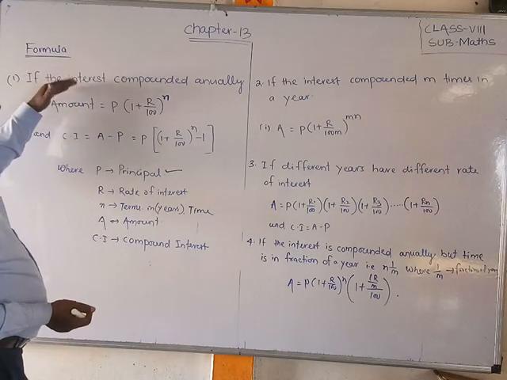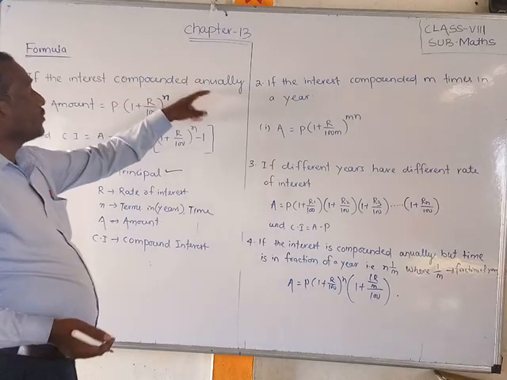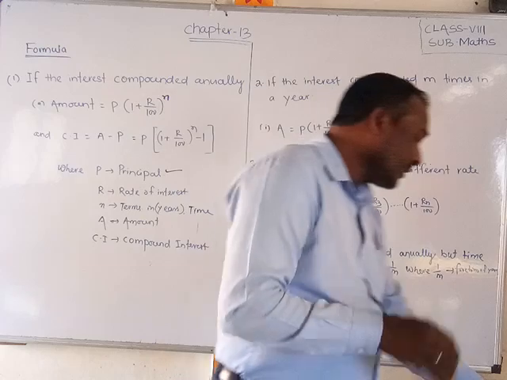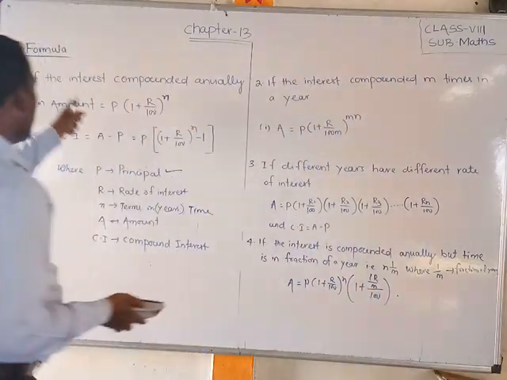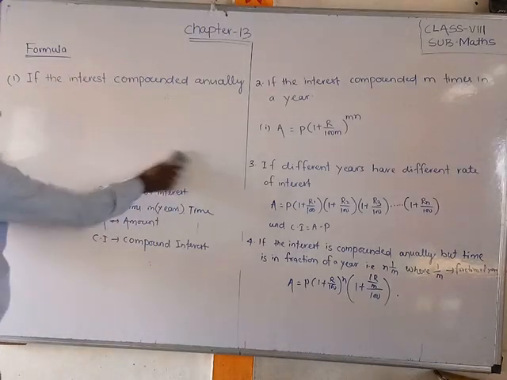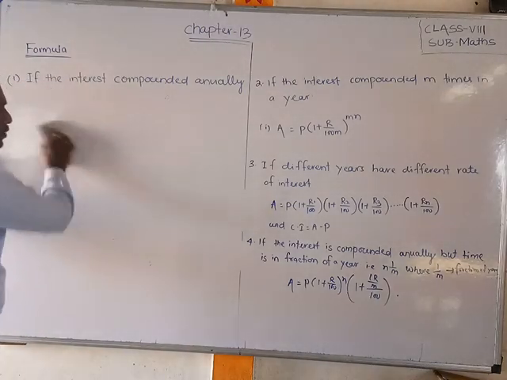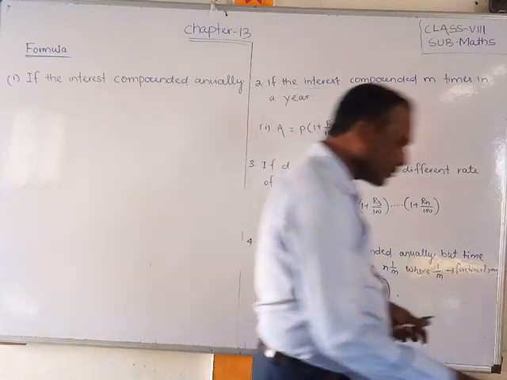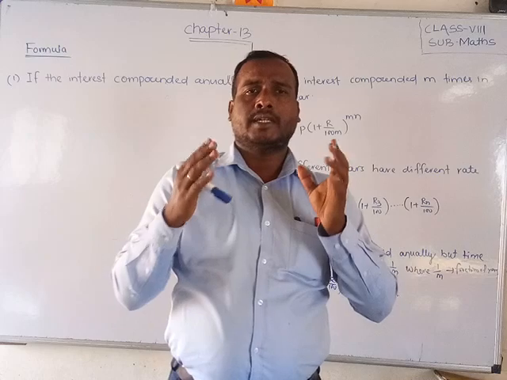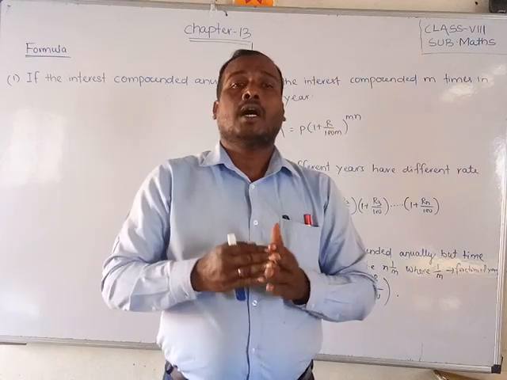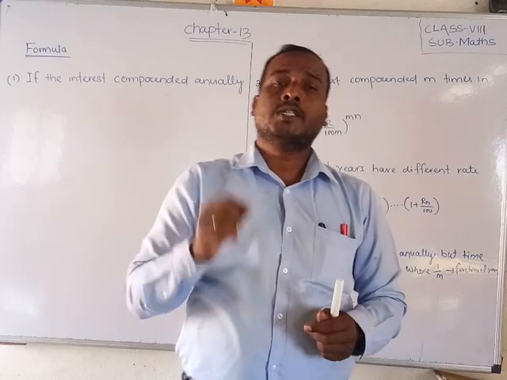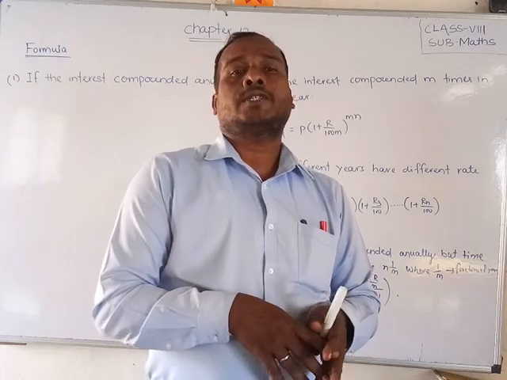If the compound interest is collected annually, then we use this formula. But if it is collected half yearly or quarterly, one thing you should remember: whenever the time is divided into fractions, you must divide the rate of interest also.